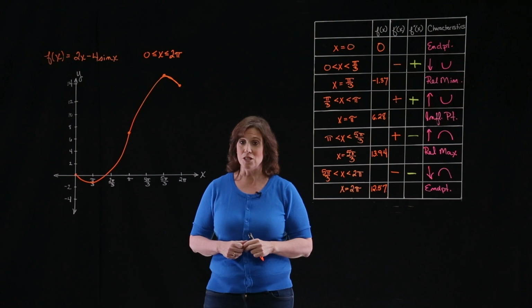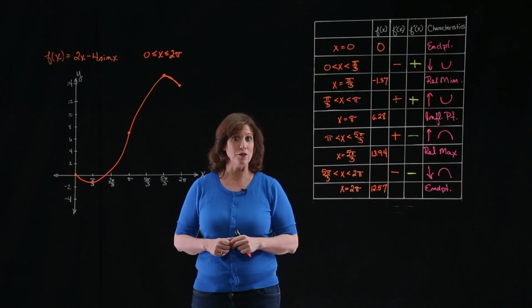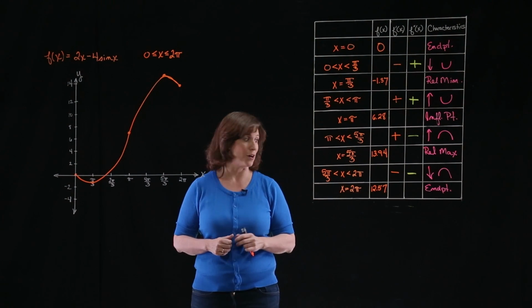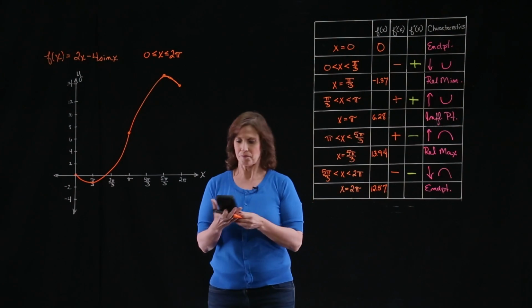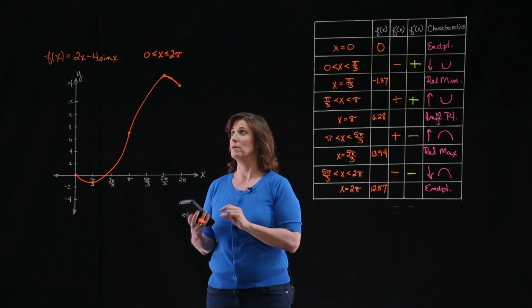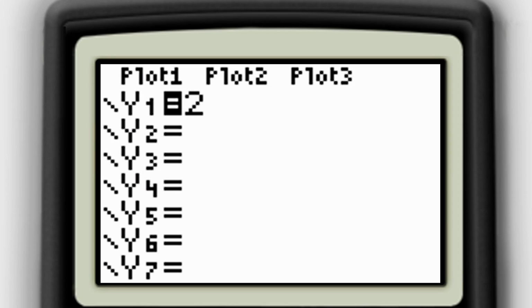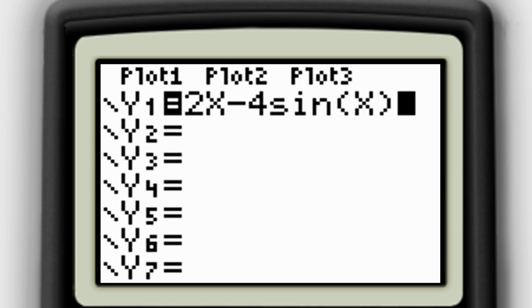The last thing we need to do in this example is to use a graphing utility to verify my result. So if you enter the original problem, 2x minus 4 sine x into your graphing utility and graph it. Now, because of the restriction of x between 0 and 2 pi, you're going to want to adjust your window.